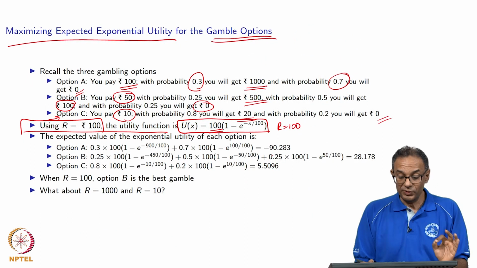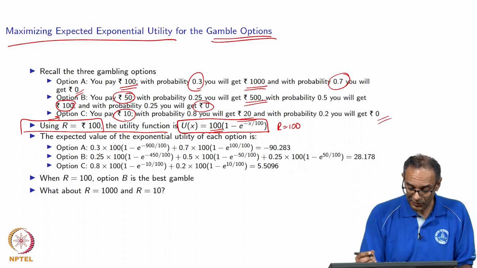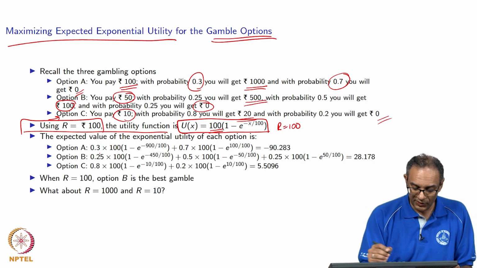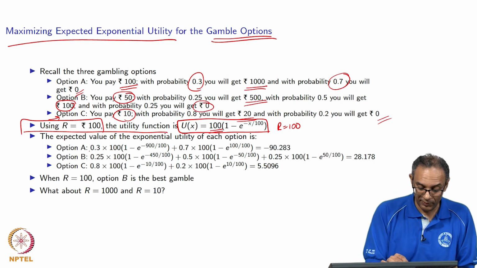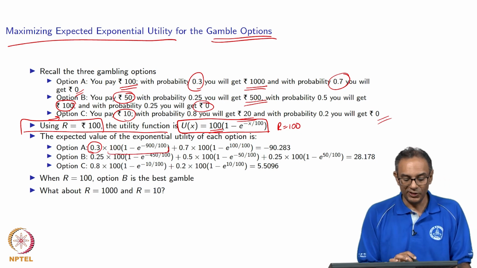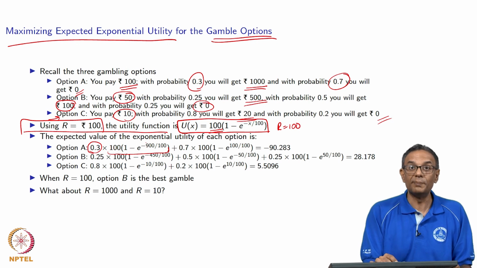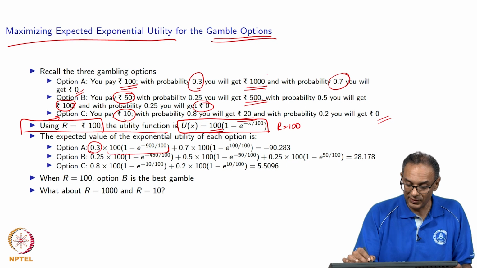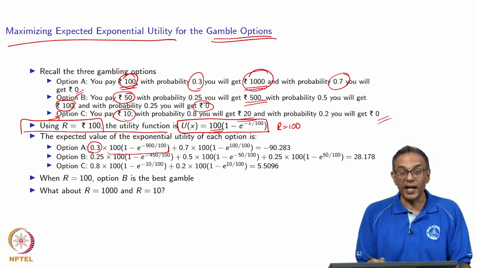Now let's compute the expected utility. In the first option, we compute the expected utility in the following way. Remember, the expected value of a function of a random variable: 0.3 is the probability, times the utility value. So 100 times 1 minus e to the power minus x. What is x here? In this case it's 900, because you get 1000 and you pay 100, so your payoff is 900 rupees.